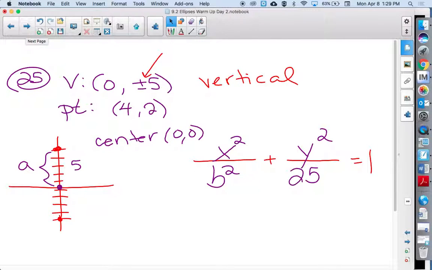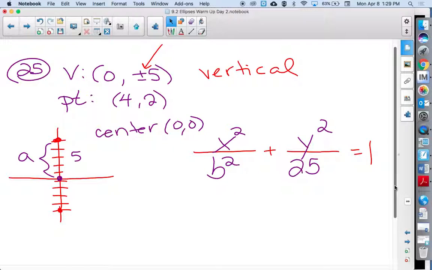If you have a point that the graph passes through, how does that point help you come up with an equation? Brandon? What do you do with the point if you have a point? What letters does the point represent? A, B, or C? X and Y. So the point represents x and y.